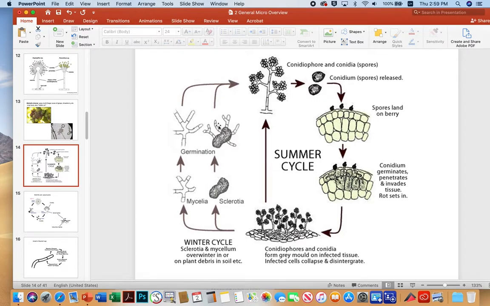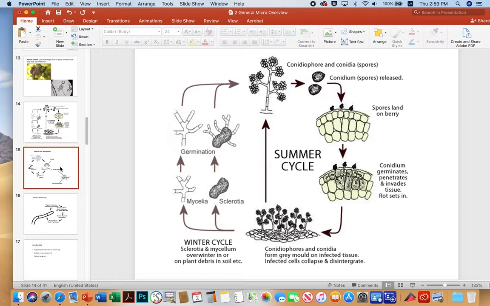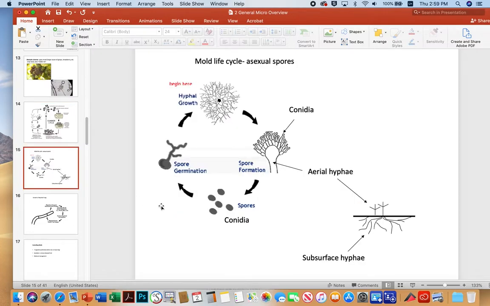And they can actually germinate into new fruiting bodies, essentially conidiophores with conidia that can then go back out into the world and wreak havoc or cause noble rot, depending on the conditions. And this image is just showing you the mold life cycle, beginning with an asexual spore. And so that's here, the conidia, these asexual spores.